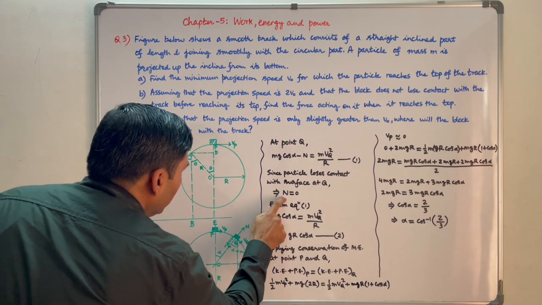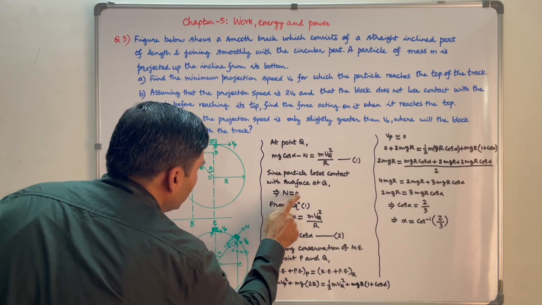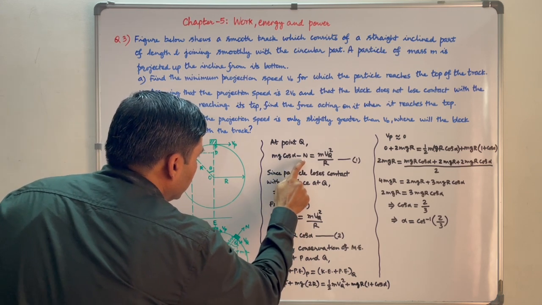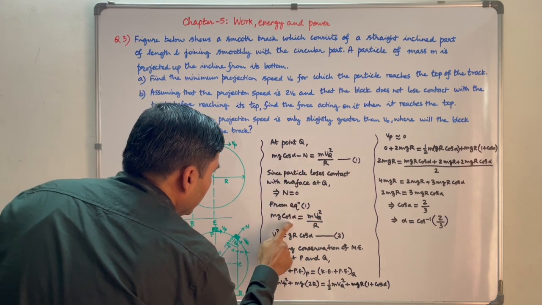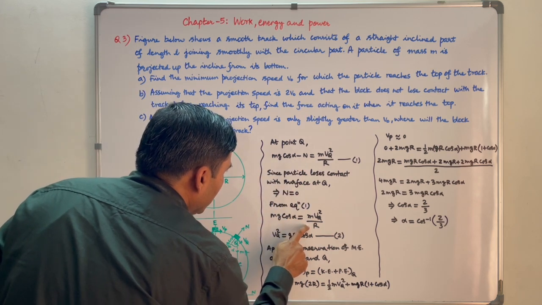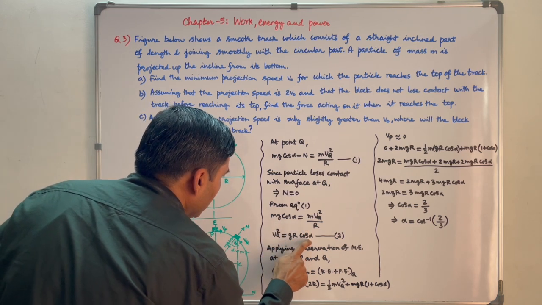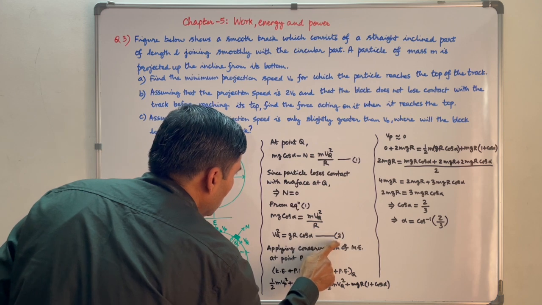That means normal reaction N will be equal to 0. Putting N equal to 0 will give mg cos alpha is equal to mvq square upon R, or vq square is equal to gR cos alpha. Suppose this is equation number 2.